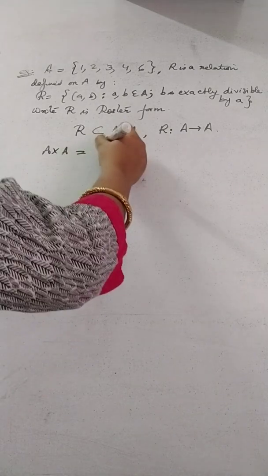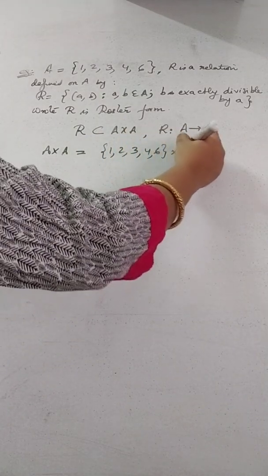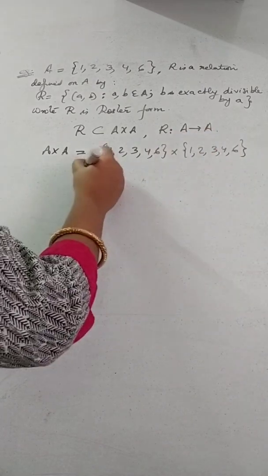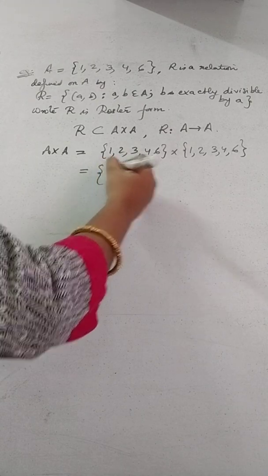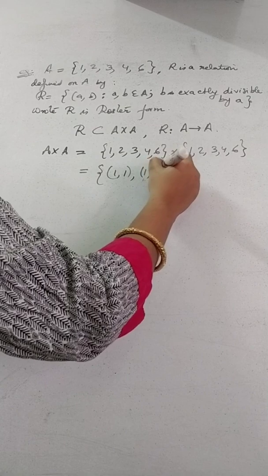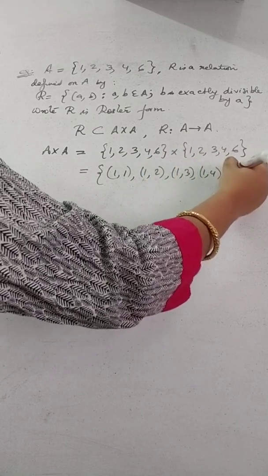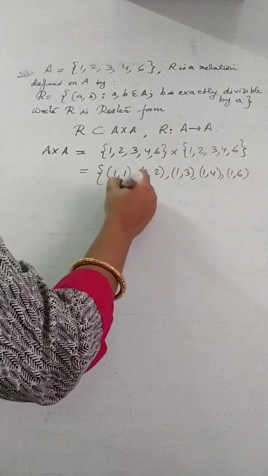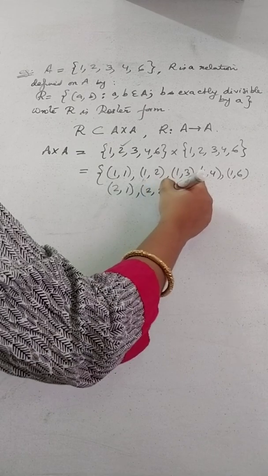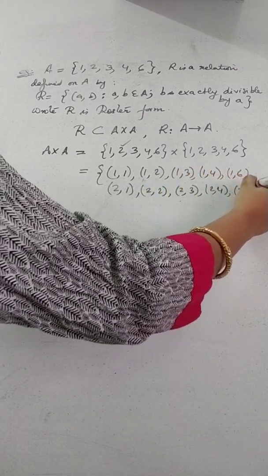What is A cross A? It is the cross between 1, 2, 3, 4, 6. If you can do it mentally, well and good. So it is 1 with 1, 1 with 2, 1 with 3, 1 with 4, 1 with 6. Similarly 2 with 1, 2 with 2, 2 with 3, 2 with 4, 2 with 6.